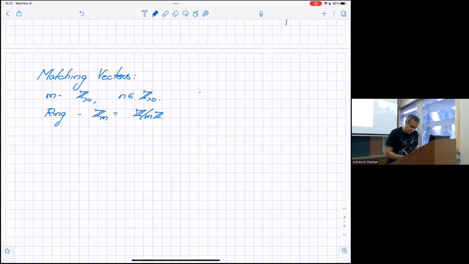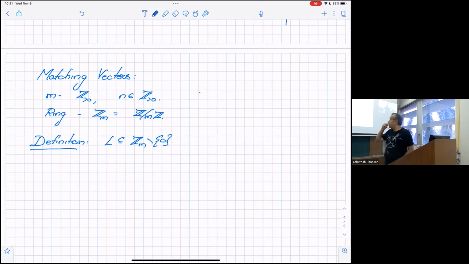So, matching vector definition. L is some subset of Z_m minus zero, some subset of non-zero points in this ring Z_m.